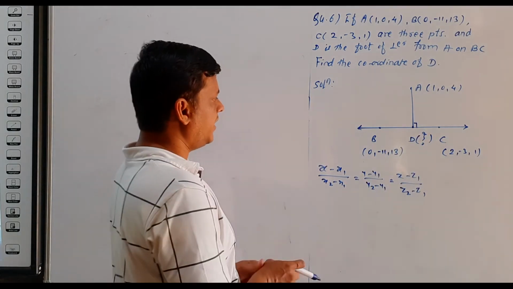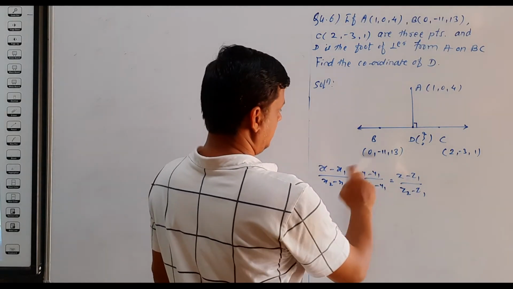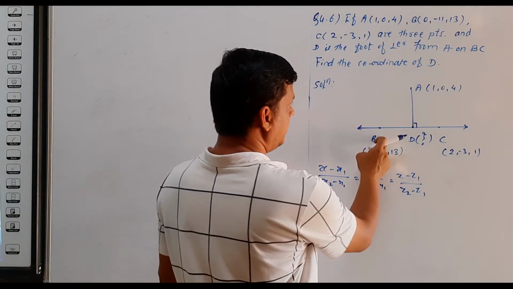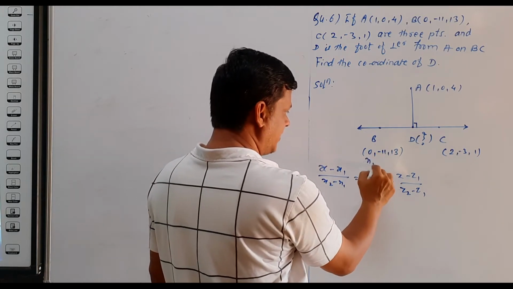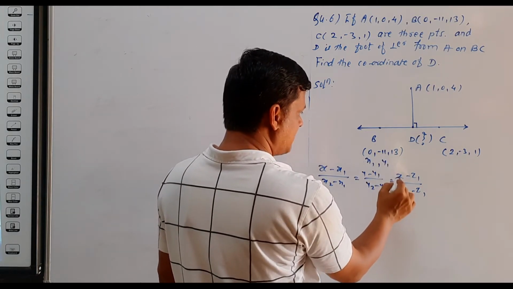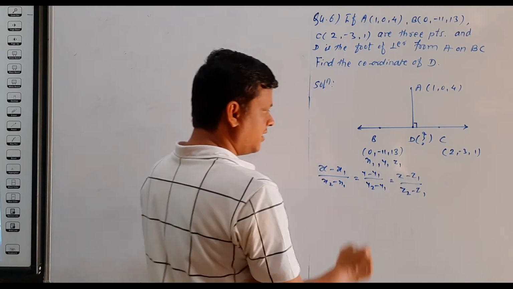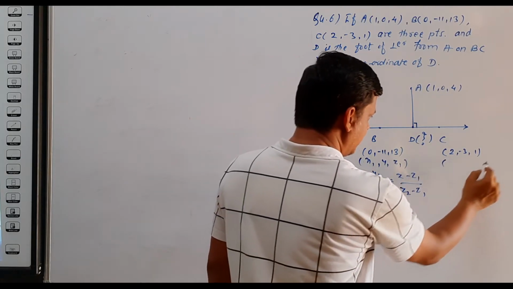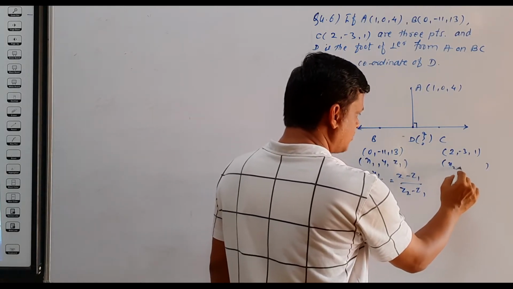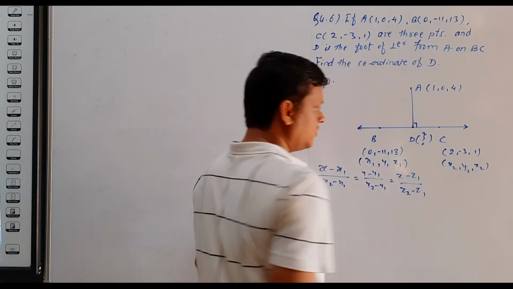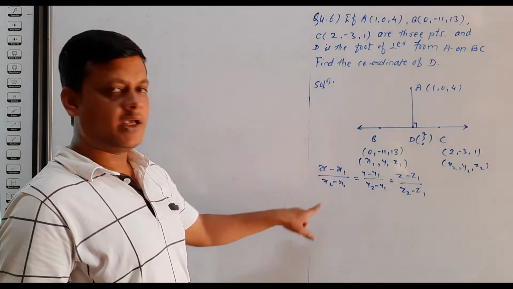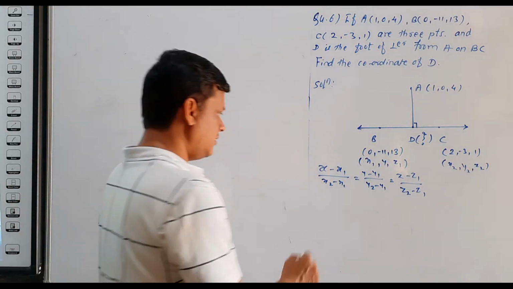So when we compare the coordinate of B with x1, y1, z1, we get here x1 as 0, y1 as -11, z1 as 13, and here x2 as 2, y2 as -3, and z2 as 1. So we can find the equation of BC.